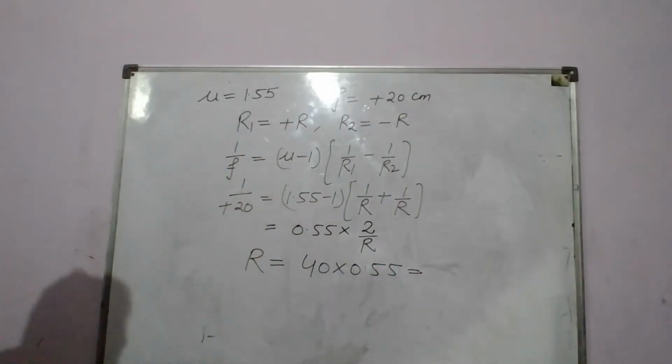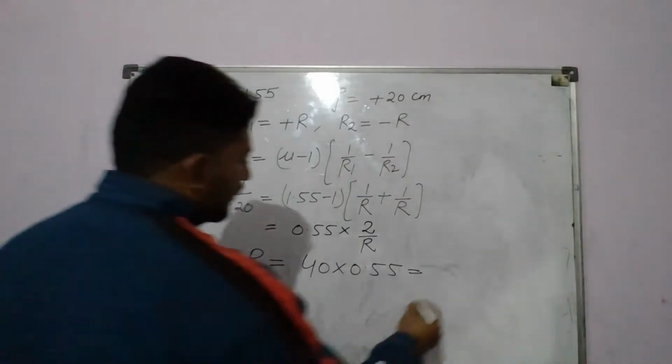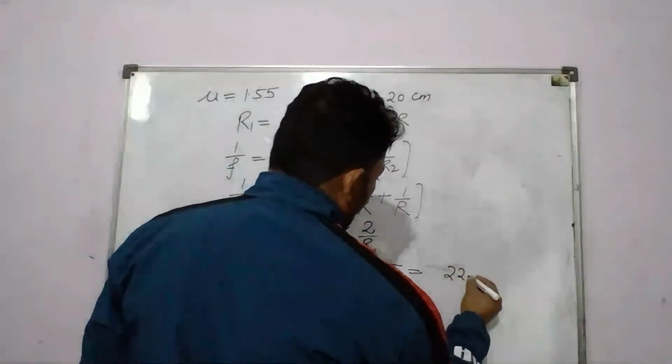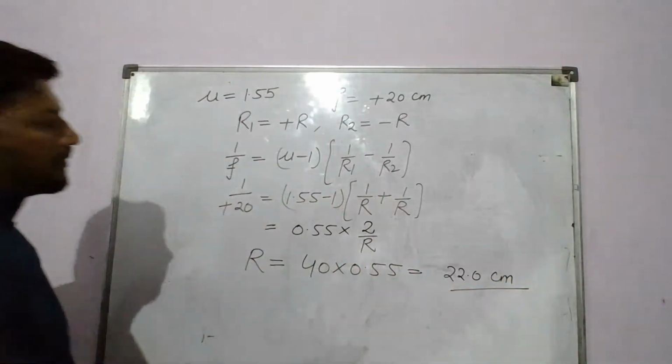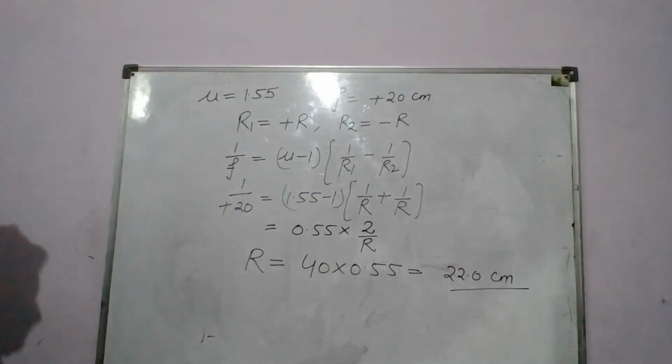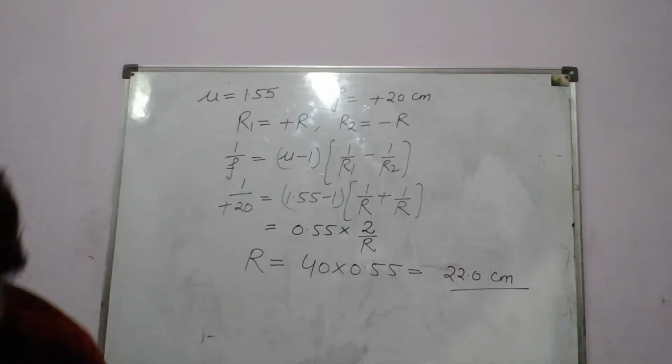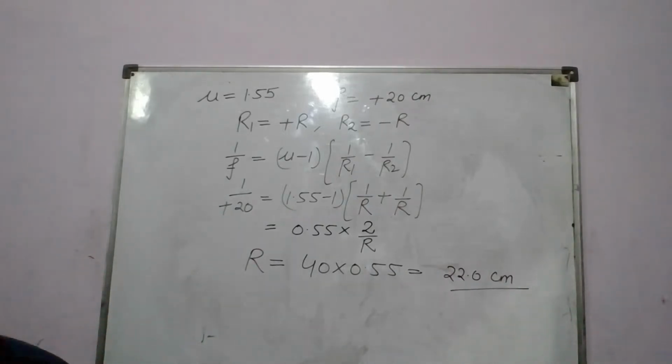Clear? So after solving, you will get a 22.0 centimeter radius of curvature. Clear? One more numerical from that concept. So just wait.